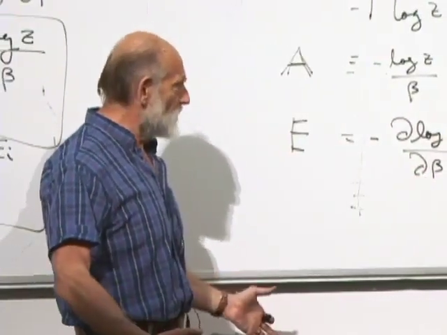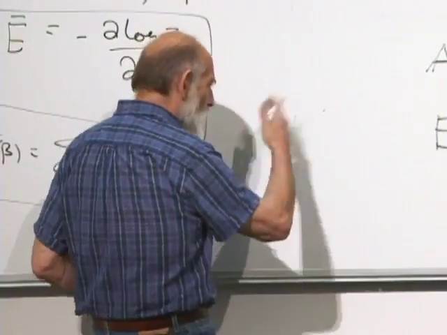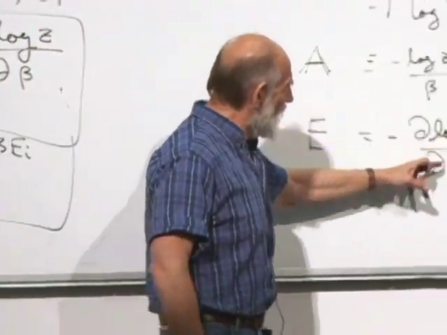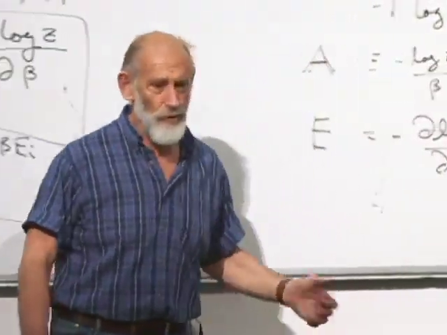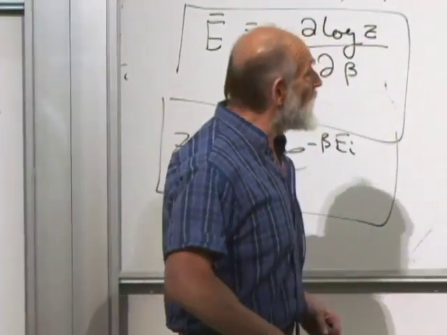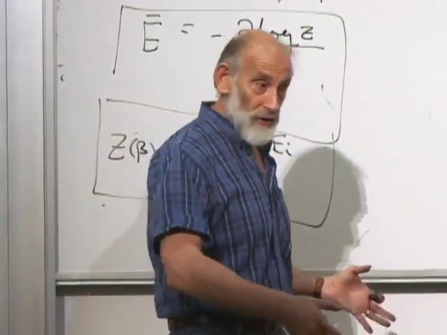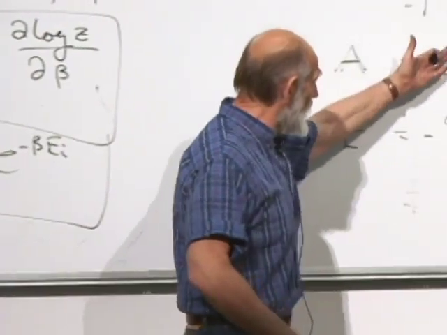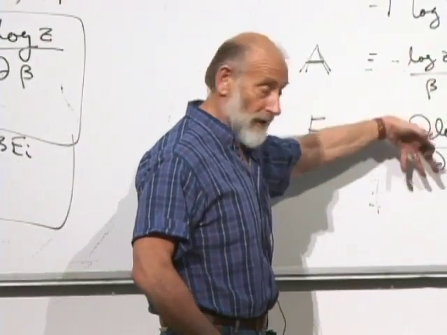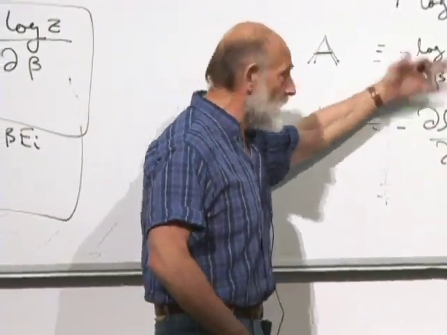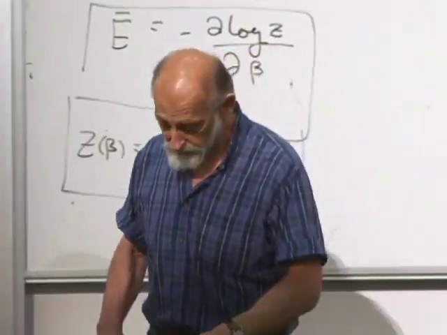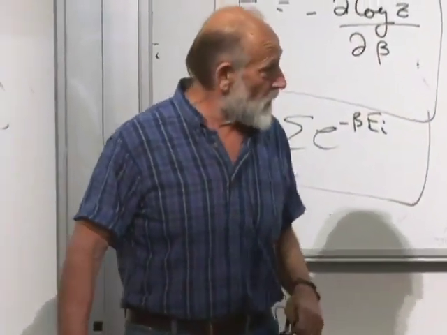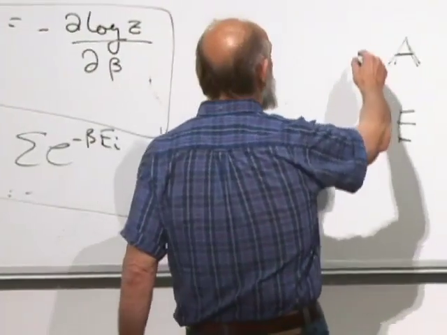They're not the same thing, but they have some relationship to each other. If the logarithm of Z was a straight line as a function of beta, which it is in general not, then they would be the same. But of course, it's not a straight line in general.